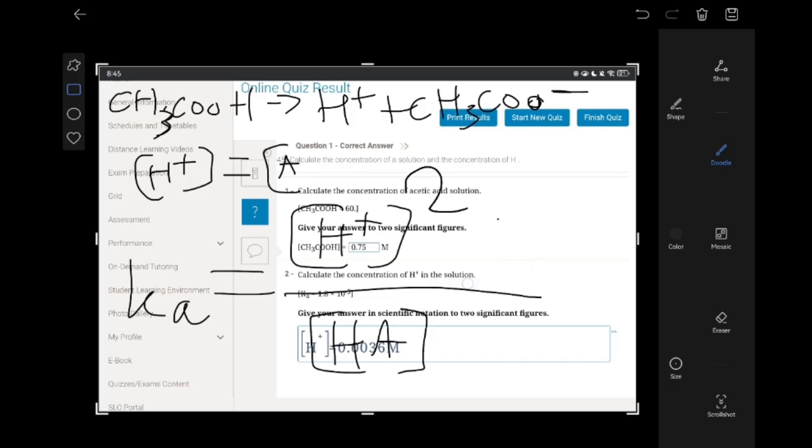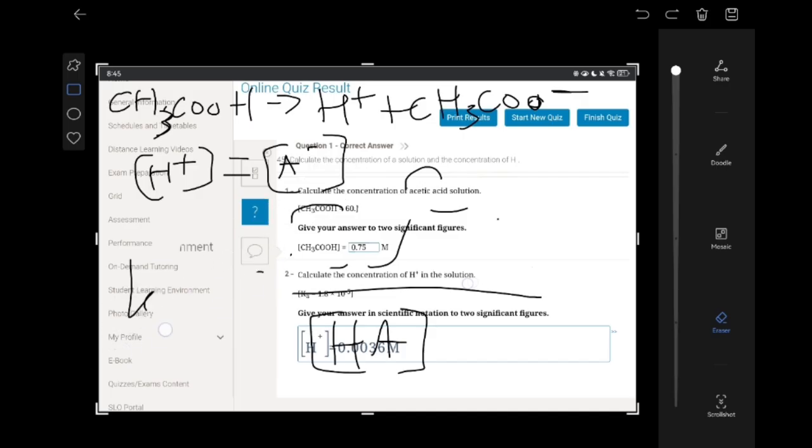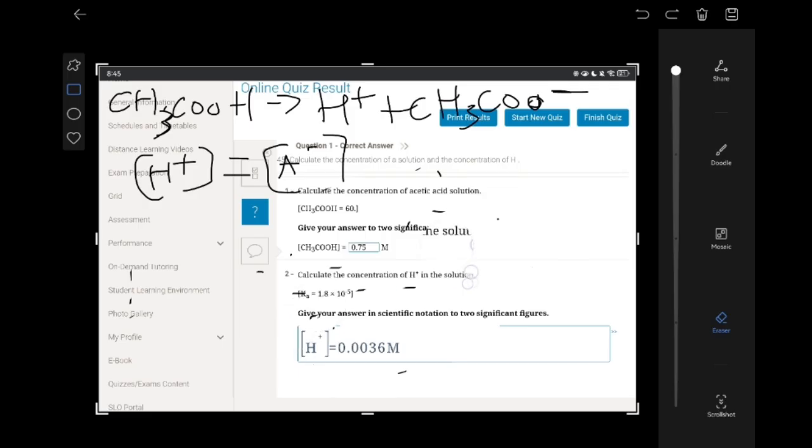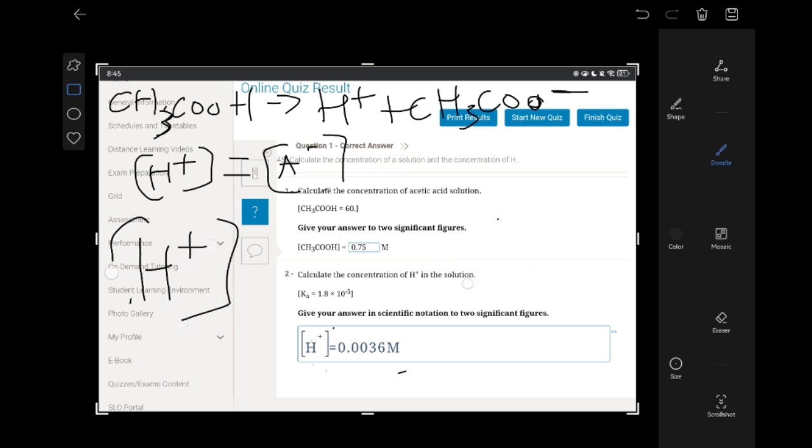Now you just substitute everything you have, or you can simplify it to get it in terms of H plus. So I'm going to erase all of it. If you cross multiply, you get H plus squared equals Ka times the concentration of the acid.